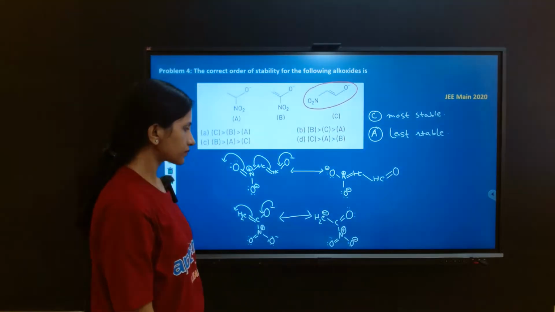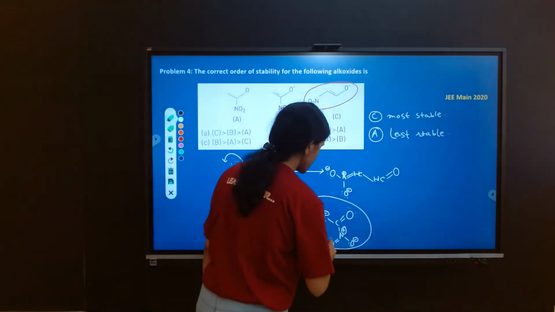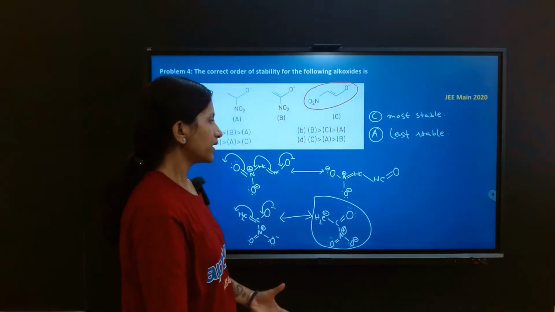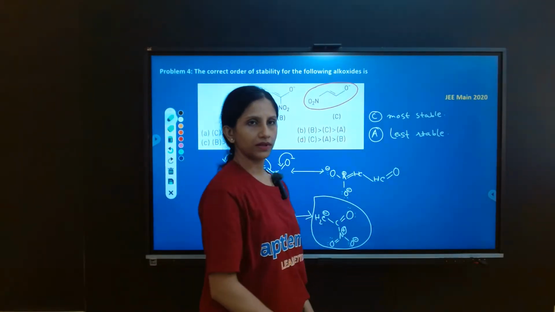Right? But the thing is, this structure on the right hand side will have less contribution. This is not more probable.